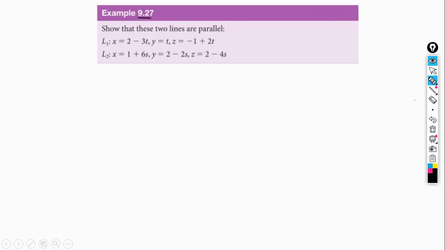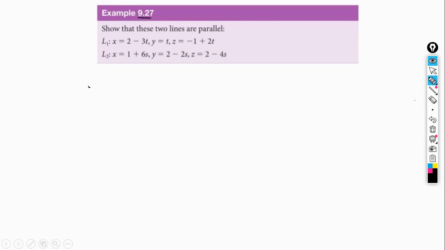Line 1 has the parametric equations x equals 2 minus 3t, y equals t, and z is equal to negative 1 plus 2t. For line 2, we have that x equals 1 plus 6s, y is equal to 2 minus 2s, and z is equal to 2 minus 4s. So first, let's find the vectors that are parallel to these lines.